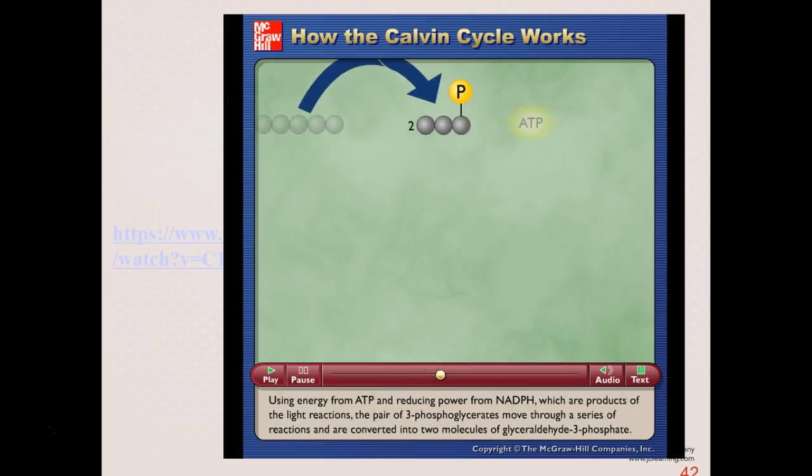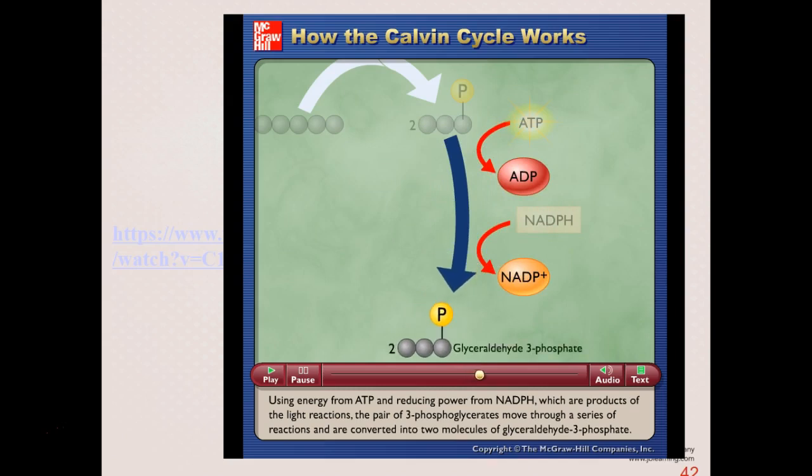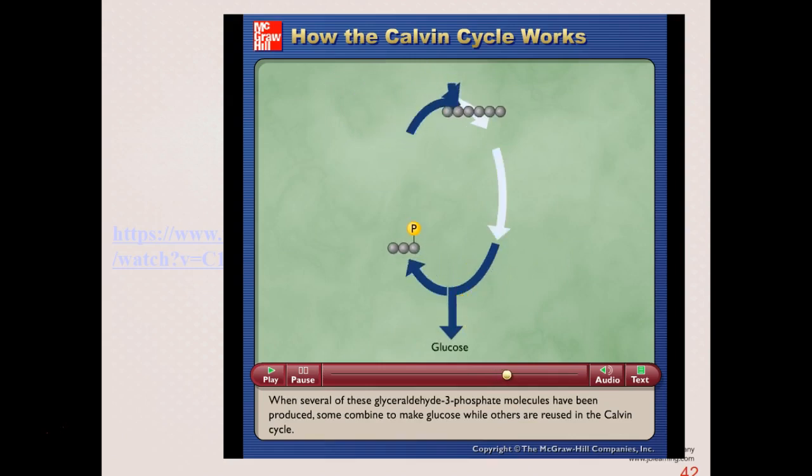Using energy from ATP and reducing power from NADPH, which are products of the light reactions, the pair of 3-phosphoglycerates move through a series of reactions and are converted into 2 molecules of glyceraldehyde 3-phosphate. When several of these glyceraldehyde 3-phosphate molecules have been produced, some combine to make glucose, while others are reused in the Calvin cycle.